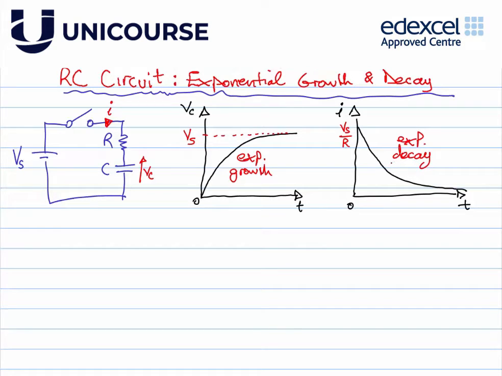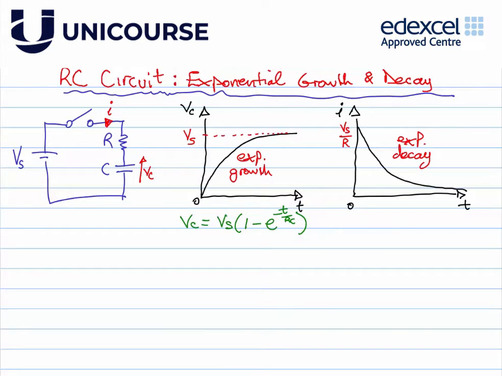Okay, let's have a look and see if we can put together some formulae for exponential growth and decay for these parameters. So we're looking at the capacitor voltage Vc equals Vs times 1 minus e to the minus t over RC.